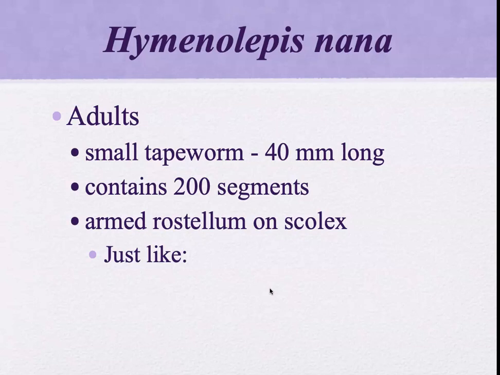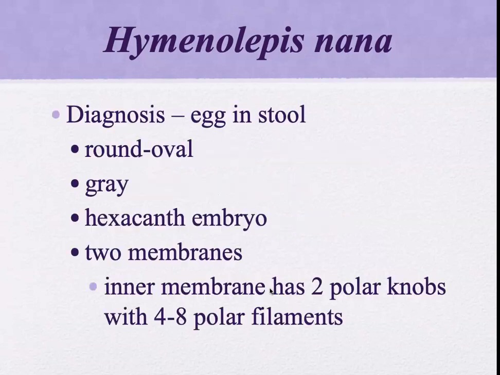So that's one way to tell these two species apart. Remember, it's rare to see a scolex, so more commonly we would be diagnosing this by eggs in stool. The eggs, compared to diminuta, which is the next one we'll talk about, are smaller than diminuta, and they also have polar filaments.